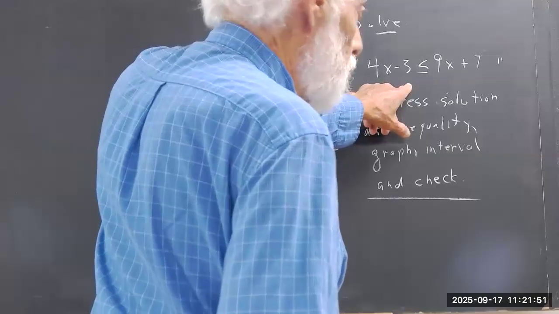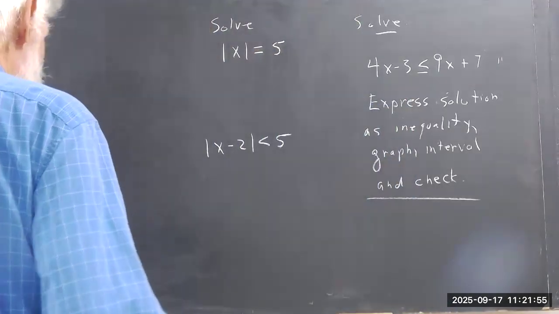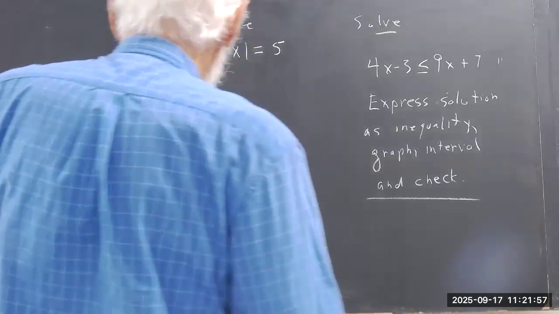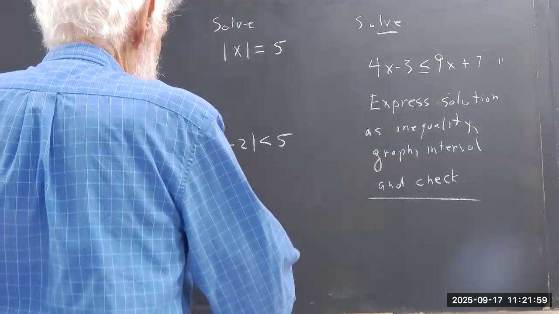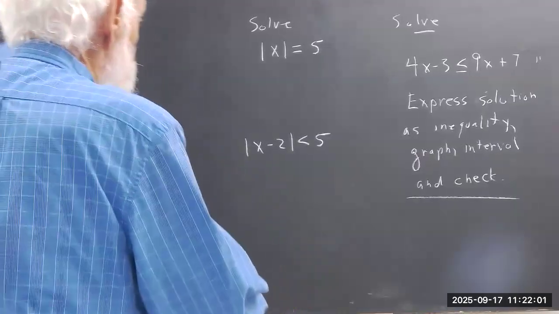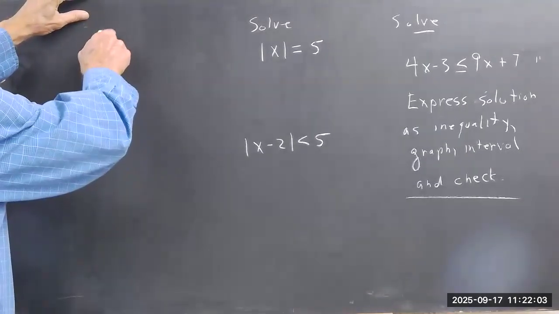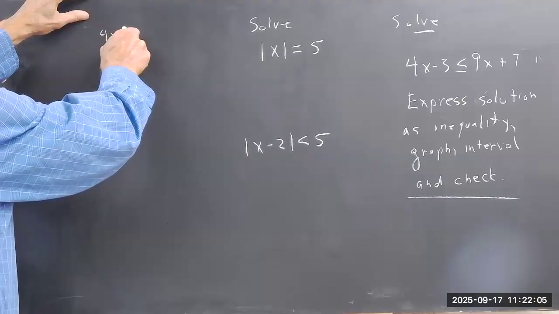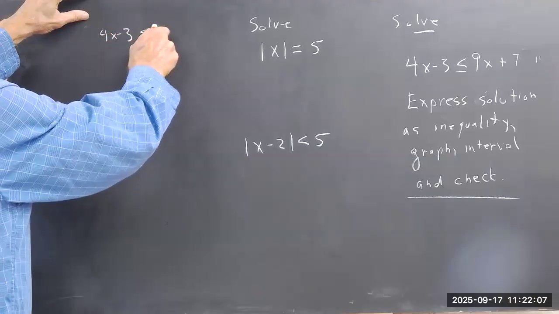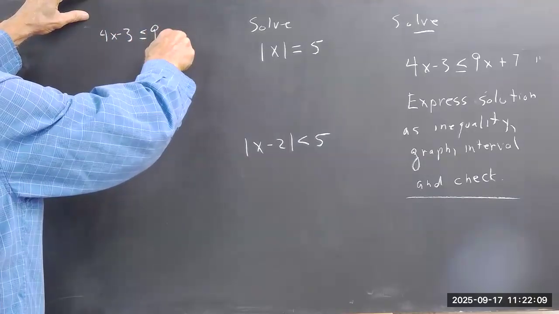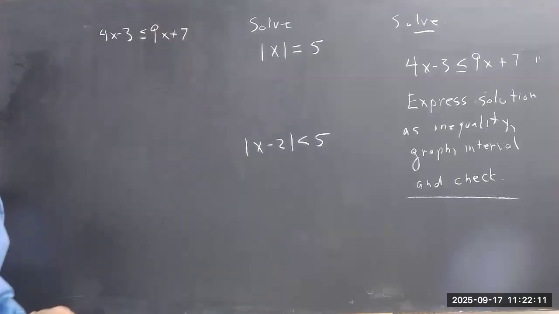Okay. The inequality we see here can be fairly easily solved. I'll do that over a little further. Rewrite it: 4x minus 3 less than or equal to 9x plus 7.